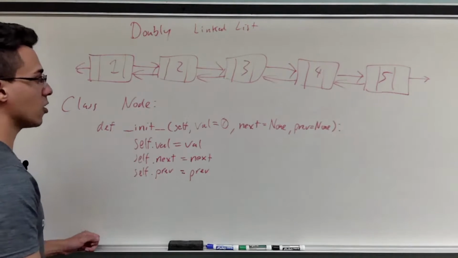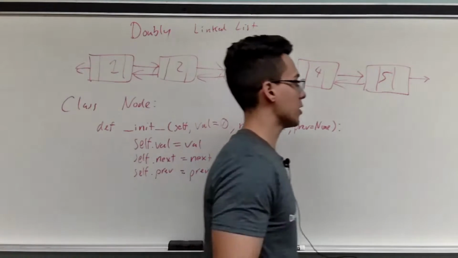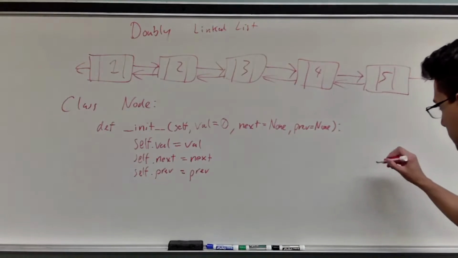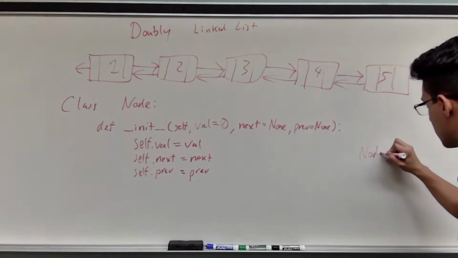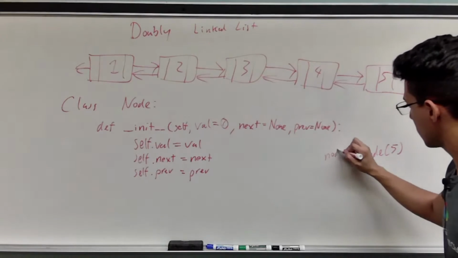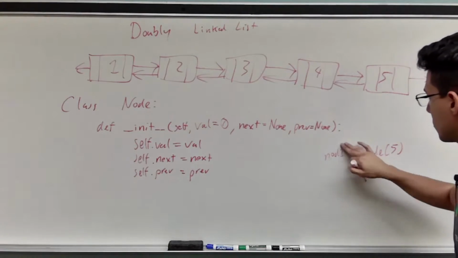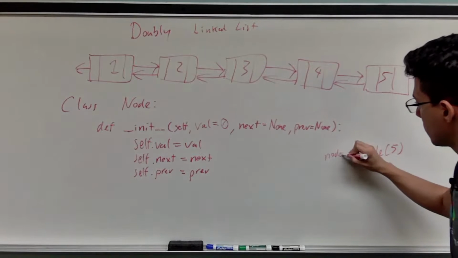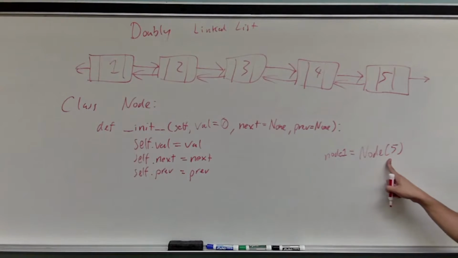So if I want to make a new node here, node 1, what would that give me? 5, None, None. Right.